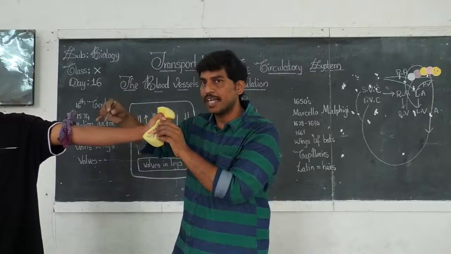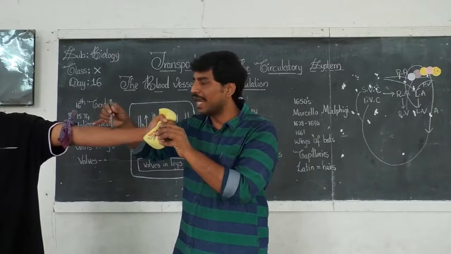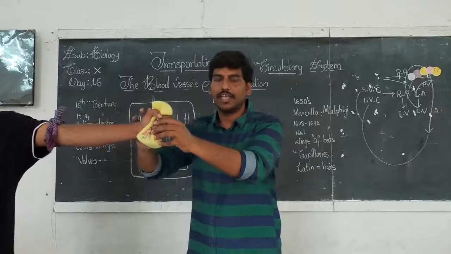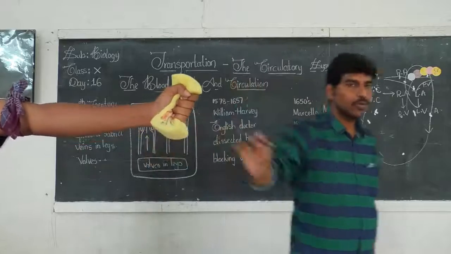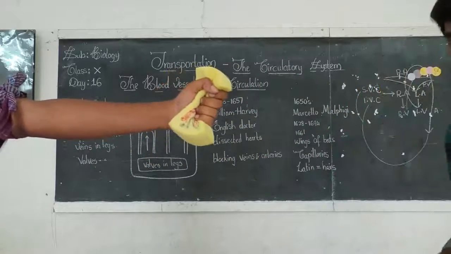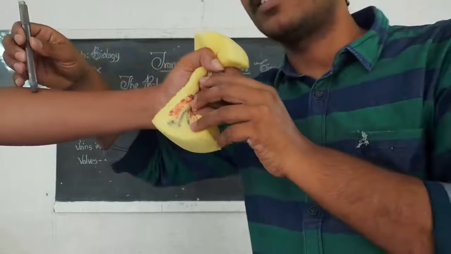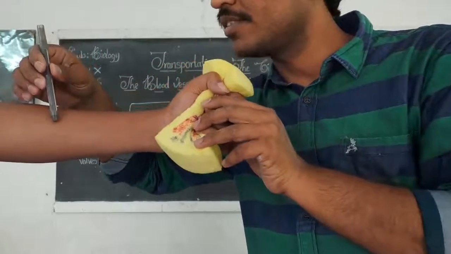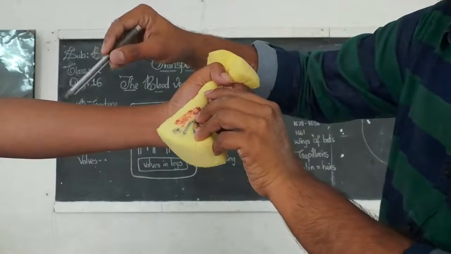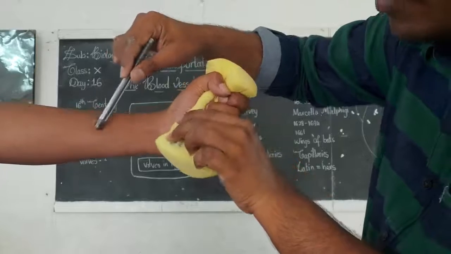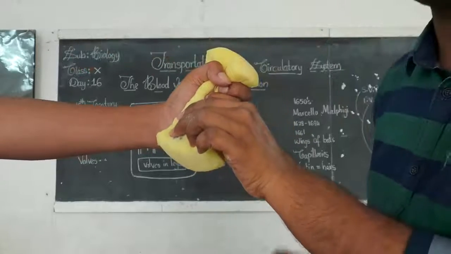And these blood vessels are branching. Let me get you very close, so you can look at the blood vessels here. They are branching and branching, and the blood vessels are made visible.